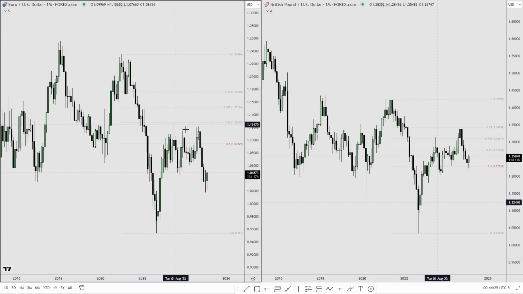We have breached into premium, but we have failed. I mean, we have displaced lower for Euro, but not for British Pound. We have SMT on the highs. So right now we are marking which asset is the strongest in an uptrend and which asset would be the strongest in the downtrend, right?